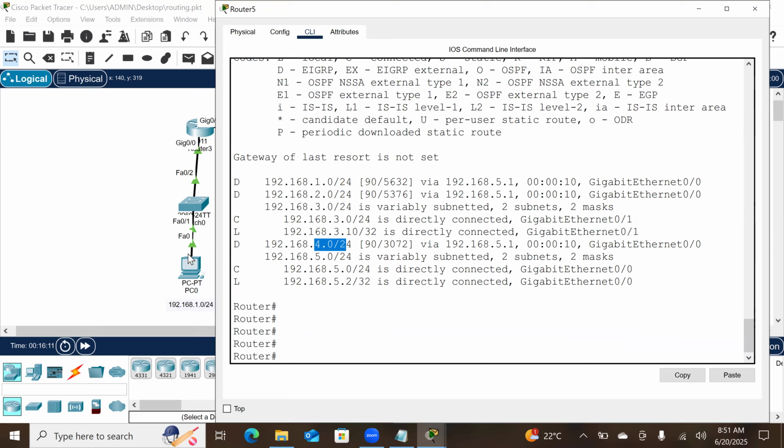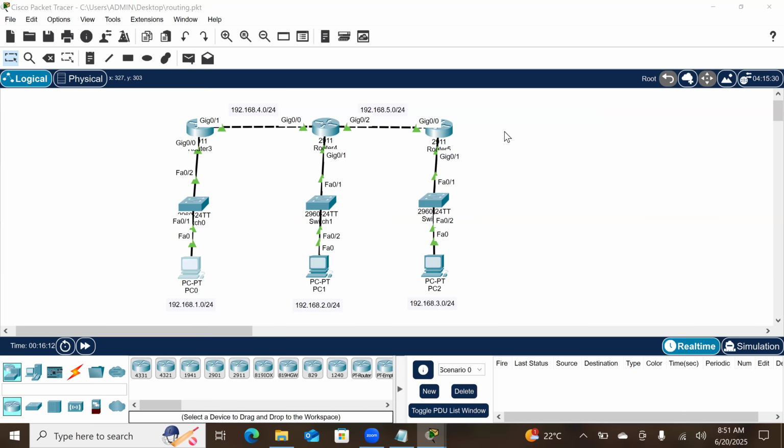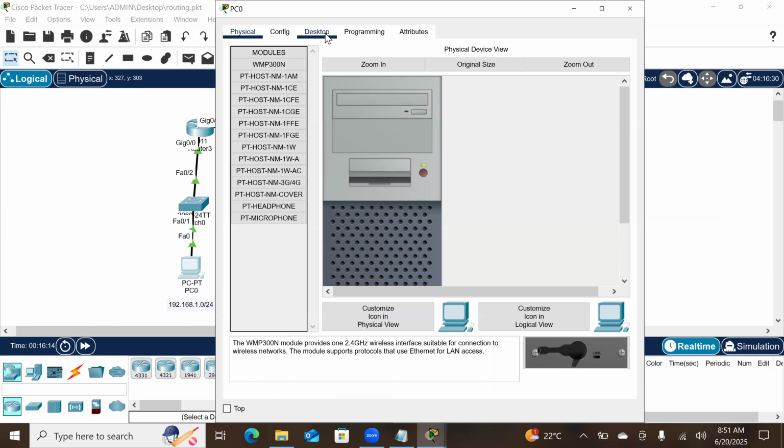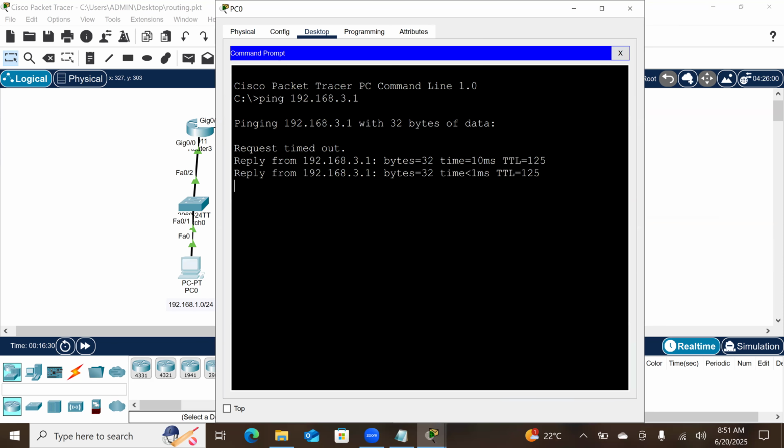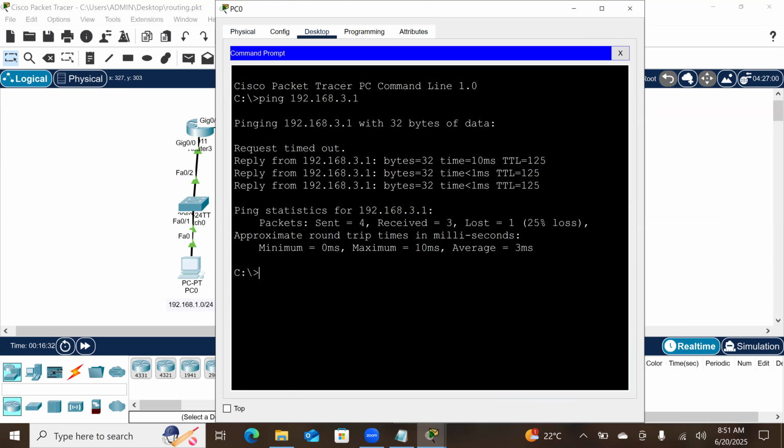Now if you check the connectivity, yes, obviously they're going to ping. On the desktop command prompt, just ping 192.168.3.1. Hello, go.